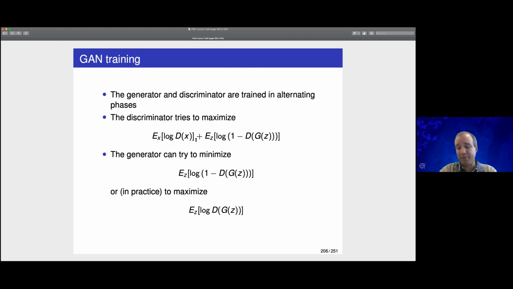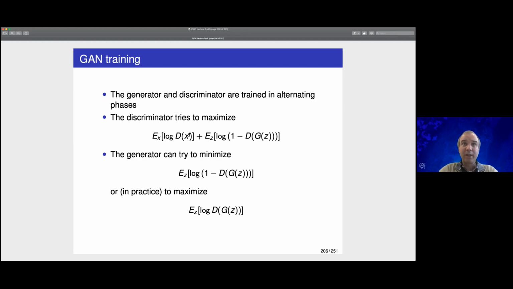For instance, the most typical way of defining these loss functions for generative adversarial networks is to use this loss function here, in which D stands for the label that the discriminator outputs on a certain input, and G stands for the data that is created by the generator. So what the discriminator tries to maximize is the probability of classifying the real data as real and the fake data, the data generated by the other part of the GAN, as fake.